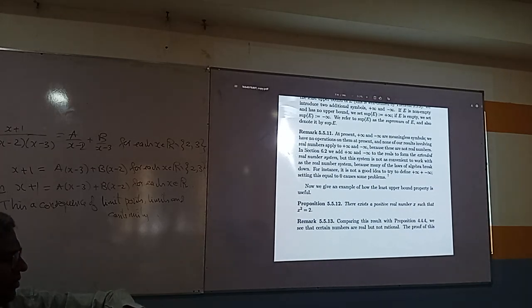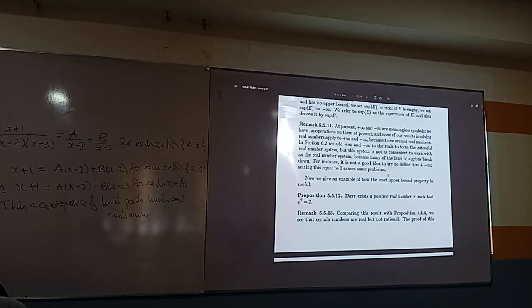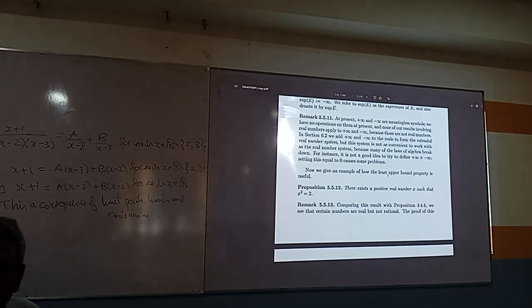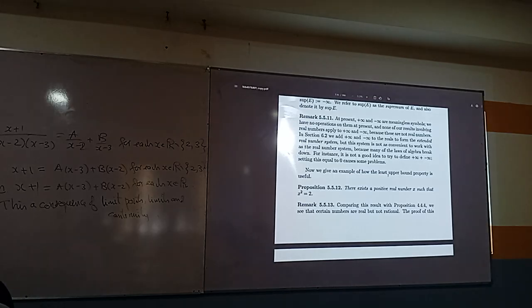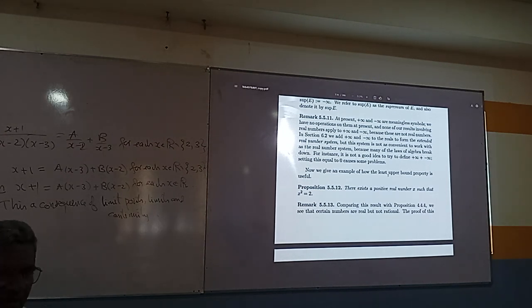There is a good one, I hope we have time, yes. It says you know that there is no rational number x such that x squared is equal to 2. We have proved it. But here he says there exists a positive real number x such that x squared is equal to 2.